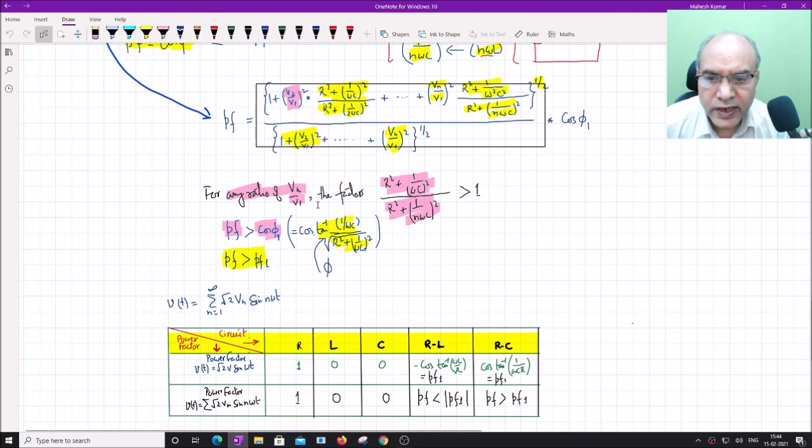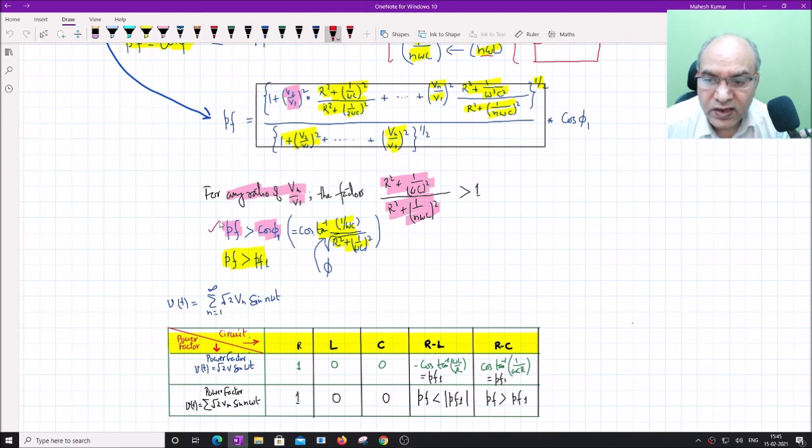So we see that the power factor for the RC circuit is greater than cos phi 1, and that for RL circuit it is less than cos phi 1.